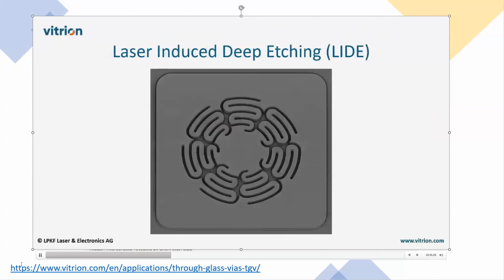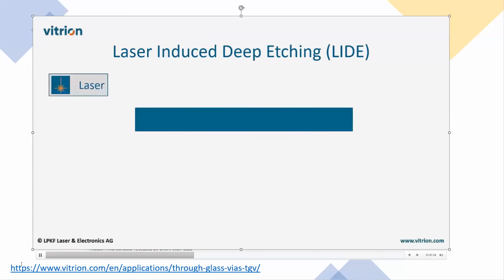These problems are avoided when using laser-induced deep etching, or LIDE. LIDE is a two-step manufacturing process for particularly deep features in glass. In the first step, standard glass is modified by a pulsed laser from LPKF Laser and Electronics in a high-speed, direct write fashion. A single laser pulse is sufficient to modify a thin glass from one side to the other. Several thousands of pulses can be produced every second.